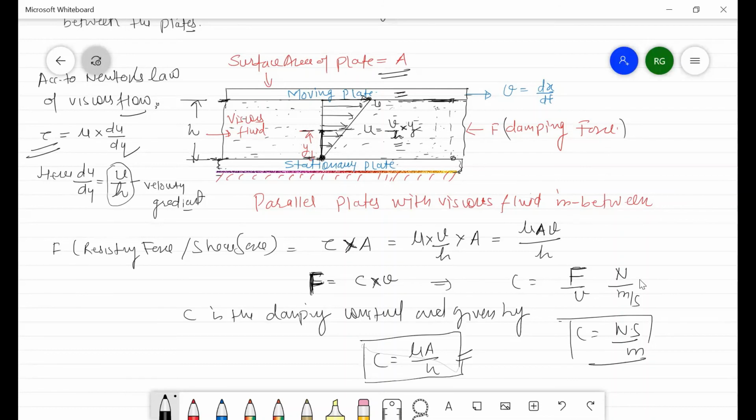This force is always acting in the direction opposite to the velocity of the plate, right? So here this is the force F, which is equal to C multiplied by v, in the opposite direction of the velocity, acting on the moving plate because of the viscosity of this fluid. So this is about the damping force and damping constant C. So thank you.